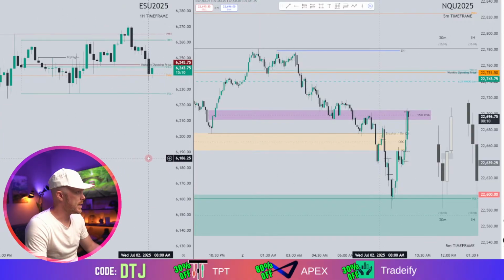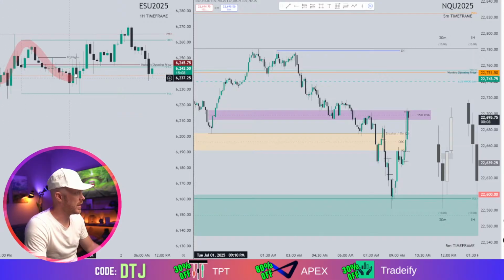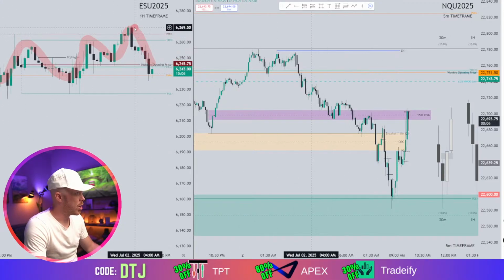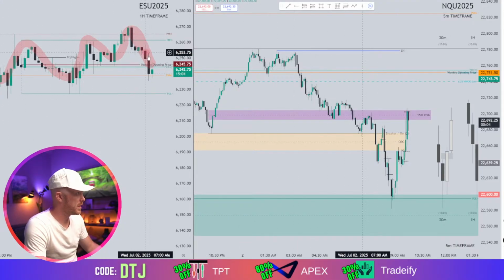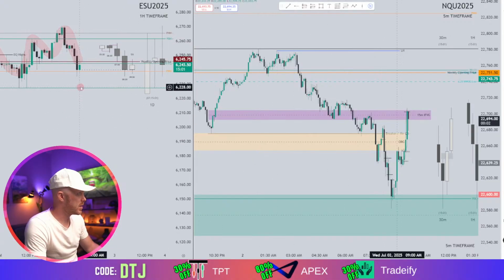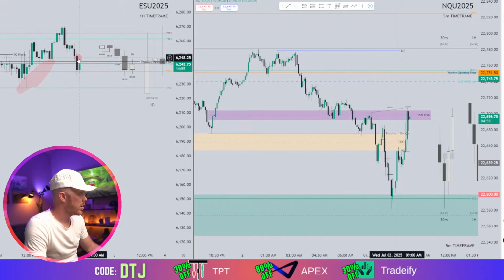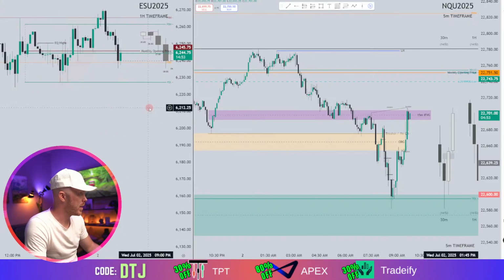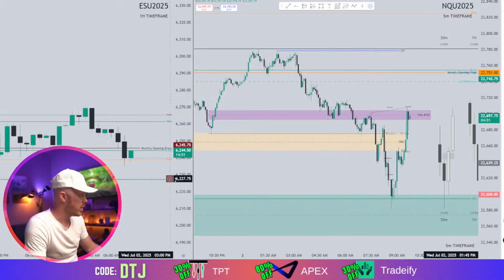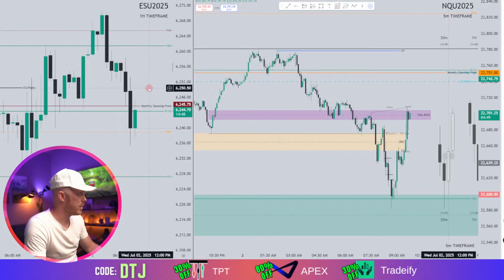You look at ES and see how we've kind of just done this thing like this, and we are on the verge of being aggressive to the downside. That's what I like. We have low resistance liquidity over here. And we've ran into a breaker on ES as well. So I like the idea of lower prices.